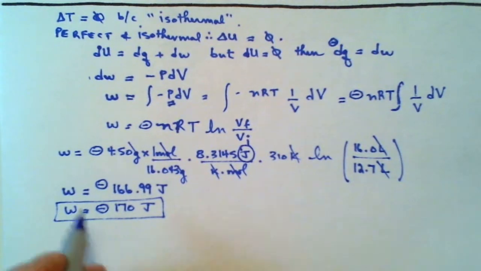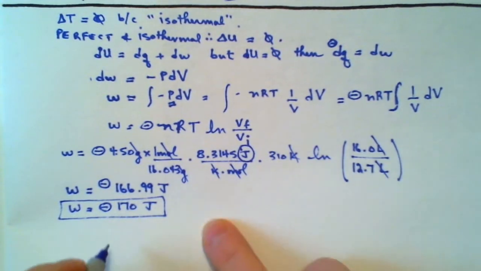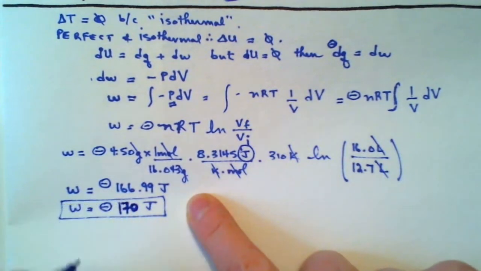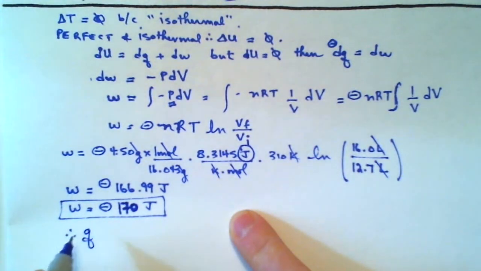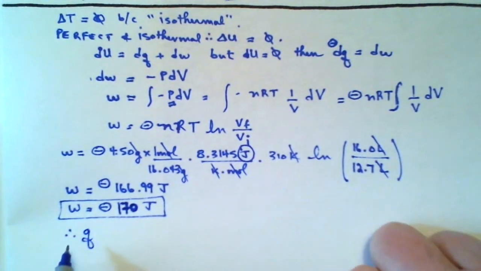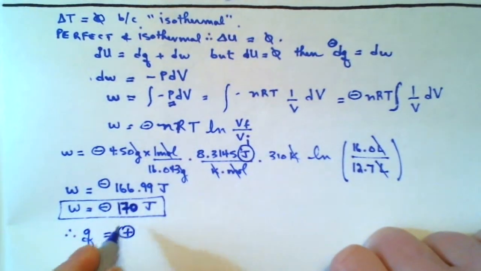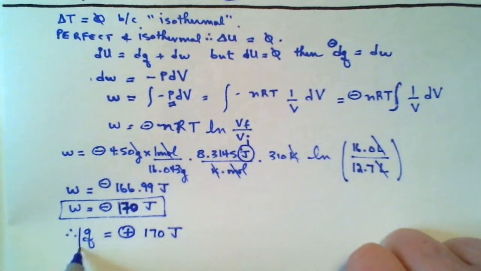A number of ways you can convincingly state that that value should be negative indeed. So 170 minus 170, and therefore, because Q is the negative value of work, they were equal and opposite. I can write then immediately that Q is also 170 joules, but a positive value.